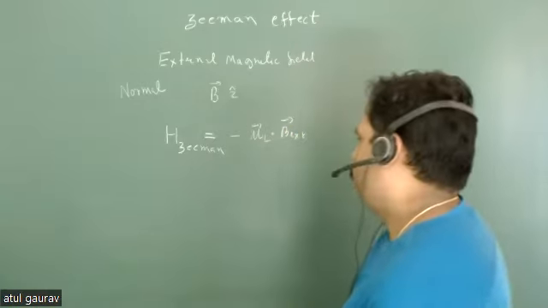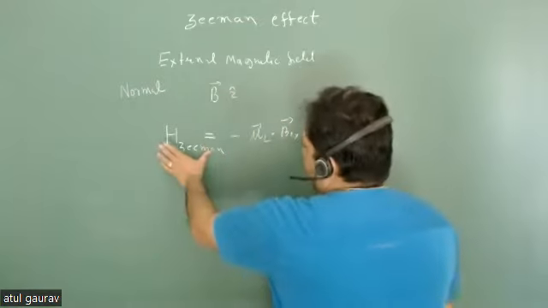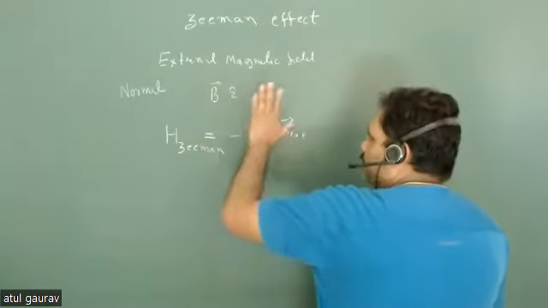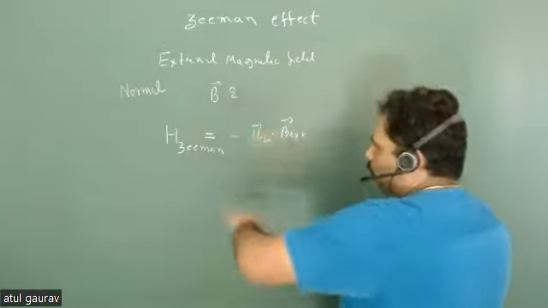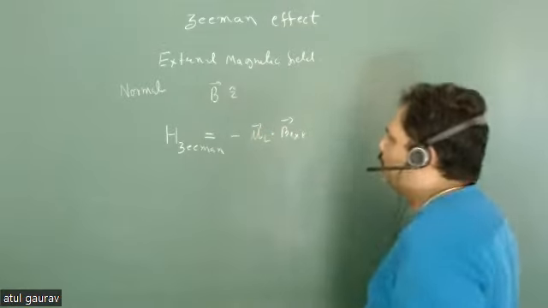So this is the energy due to the interaction of the electron, through its orbital motion, with the external magnetic field.